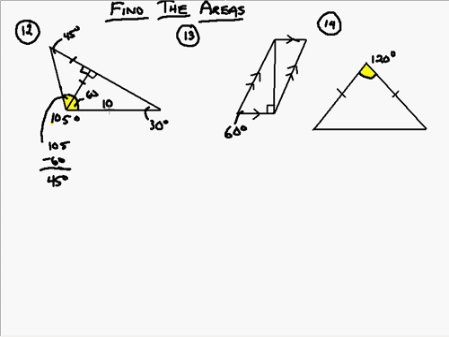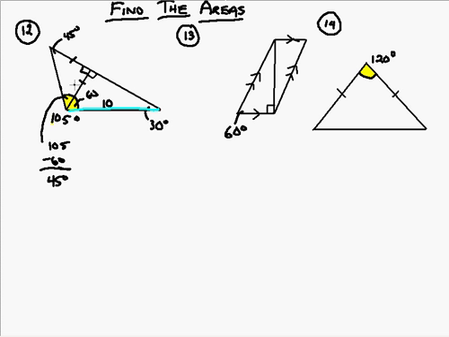Alright, first let's take a look at the 30-60-90 degree triangle. This side that I'm going to color in light blue is the hypotenuse right here. If that's 10, that means the short leg is going to be half that amount.